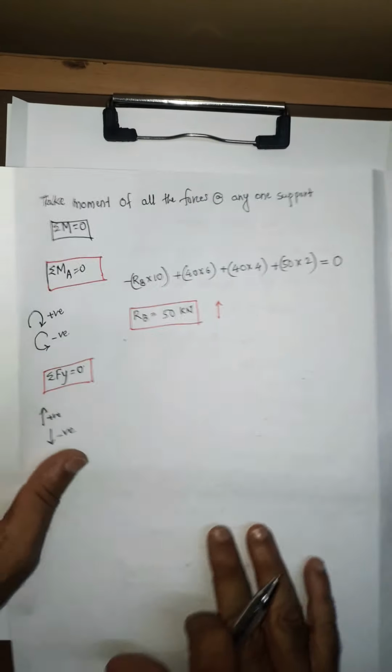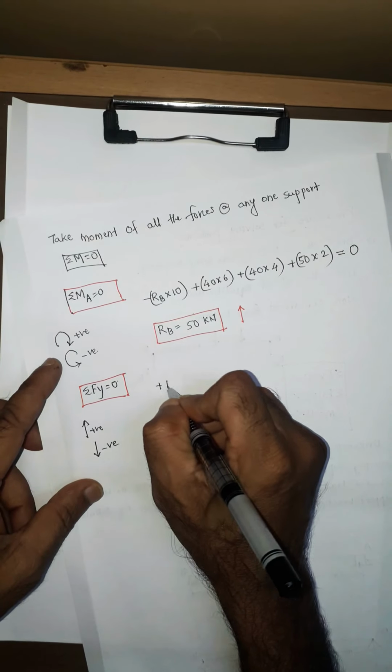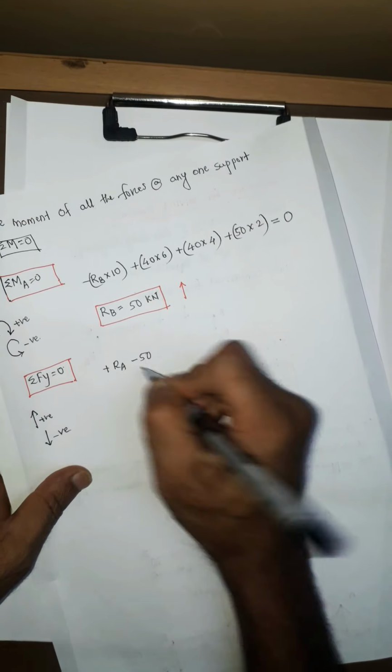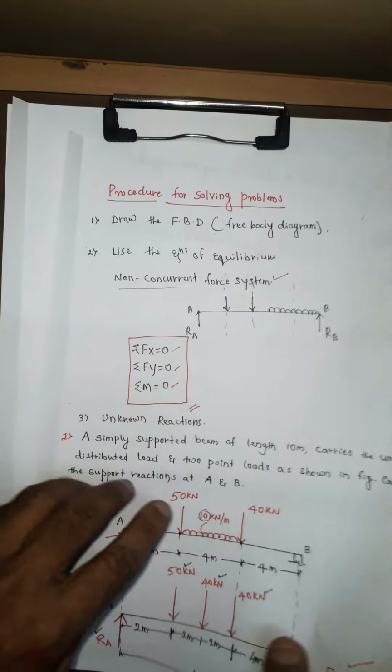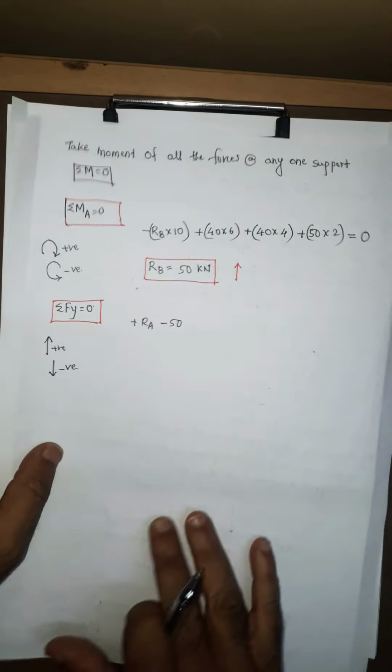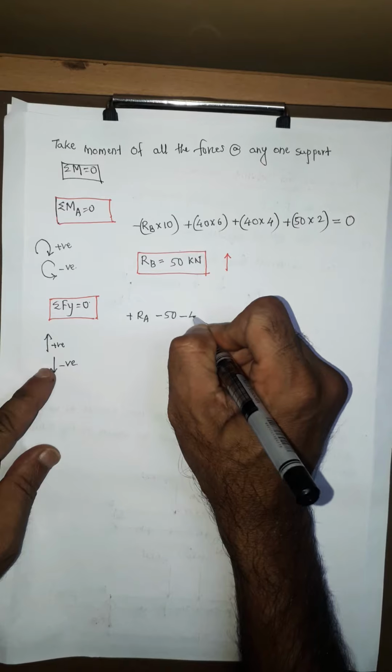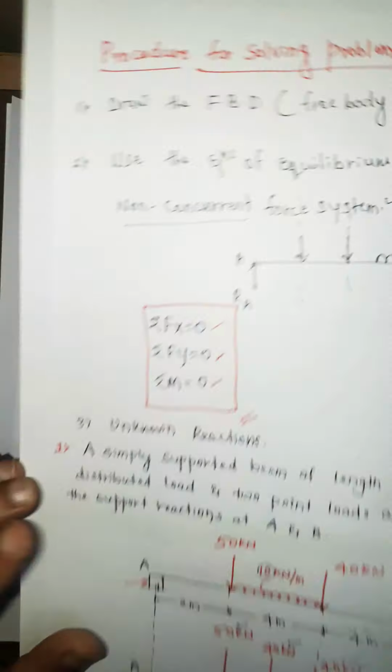Now again we are going to move from this: plus RA, upward. Now this is minus 50, then minus 40, then again minus 40.